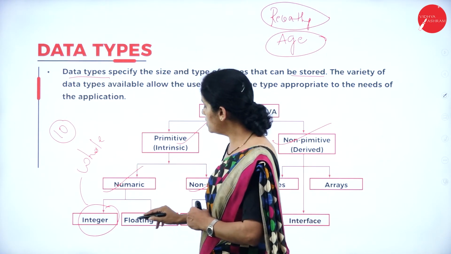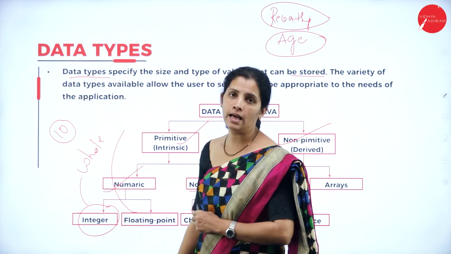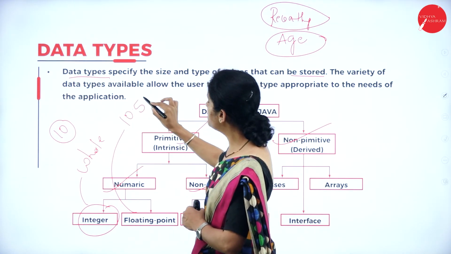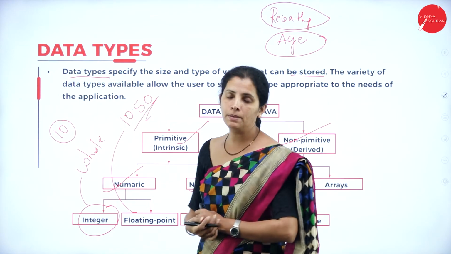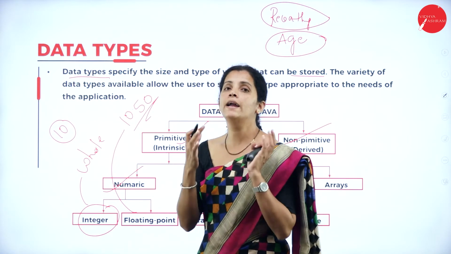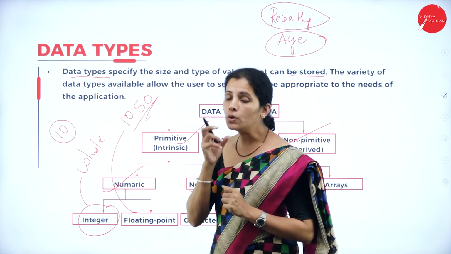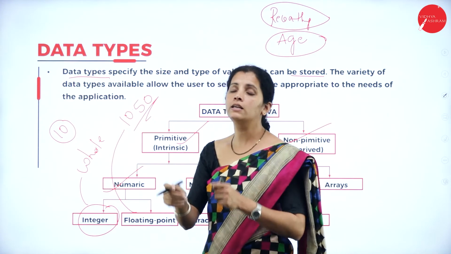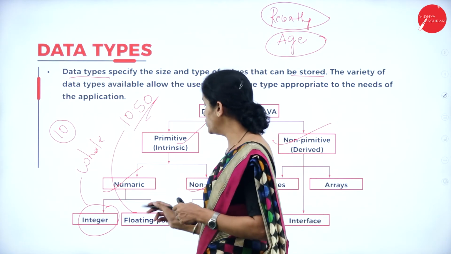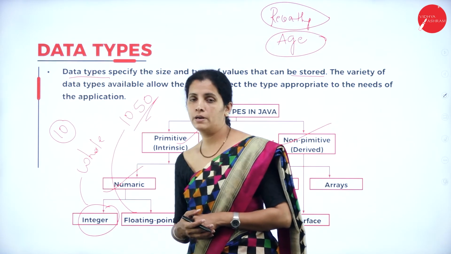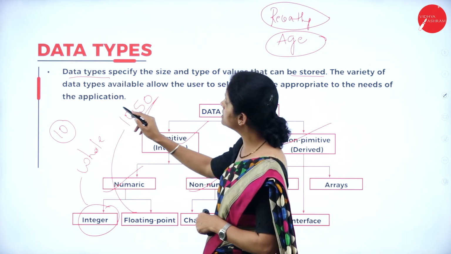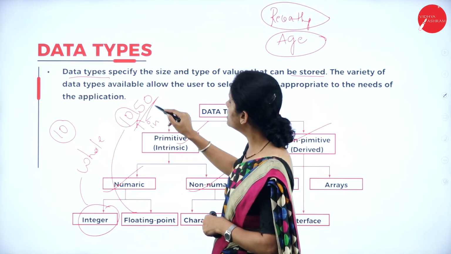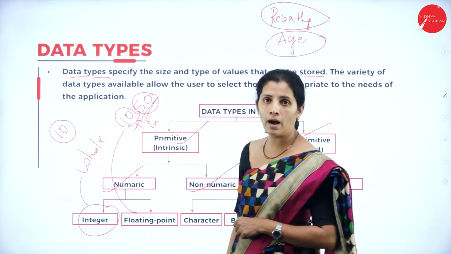If I consider floating point, think that I have 10.50. That means I have 10 rupees and 50 paise. To represent a fraction, I am going to use floating point numbers. And if I consider this number, this is my integral part and this is my fractional part.